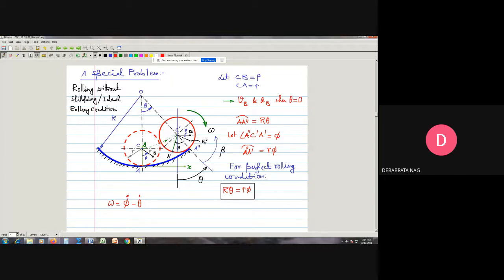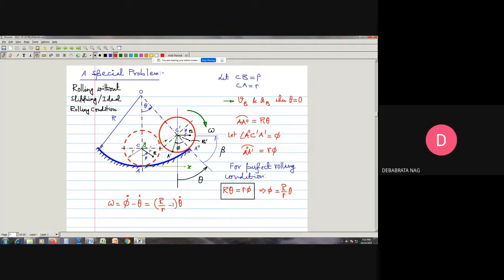Remember, r phi is equal to R theta, so we can write that phi is equal to R by r into theta. So in place of phi dot minus theta dot we can substitute, taking theta dot common, (R by r minus 1) theta dot.